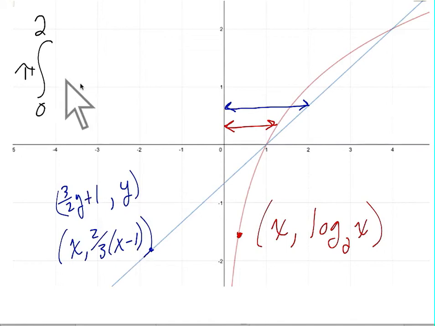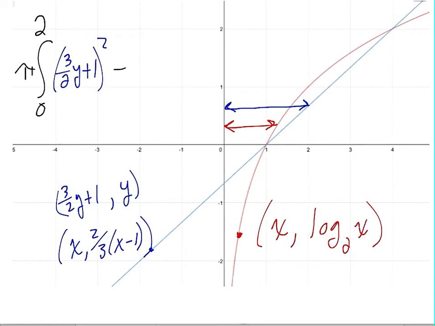So then the outer radius, which gets squared, will be 3/2 y plus 1, the quantity squared.